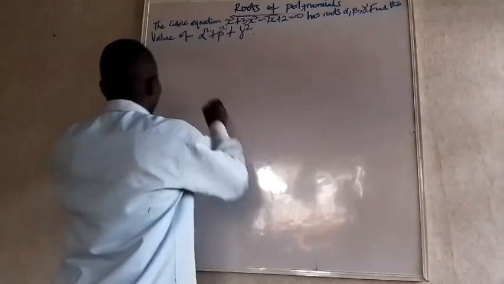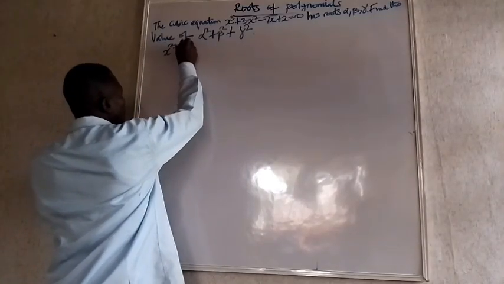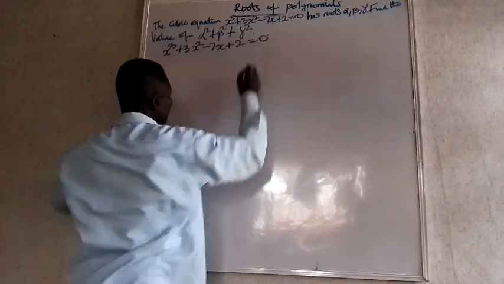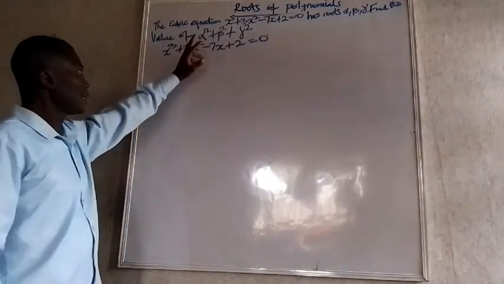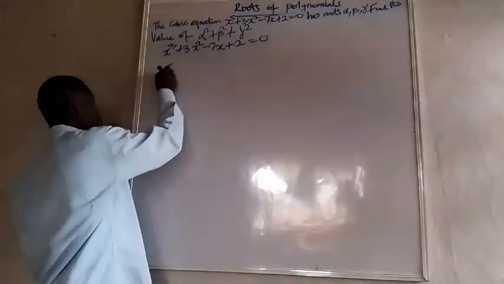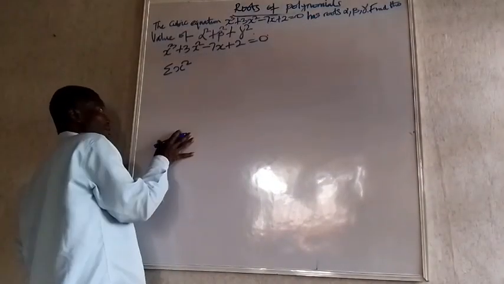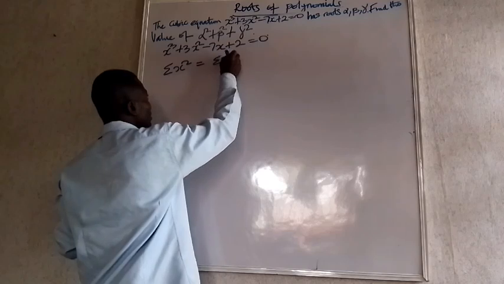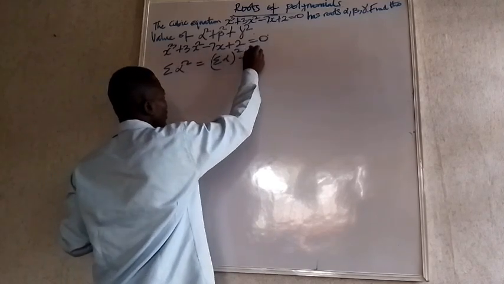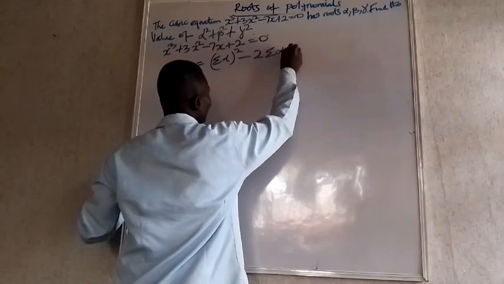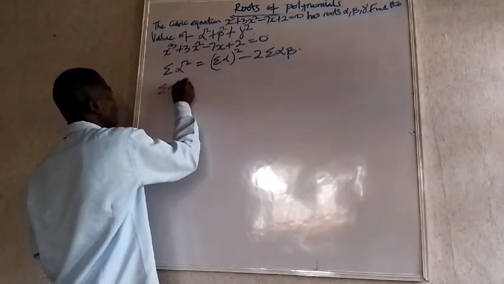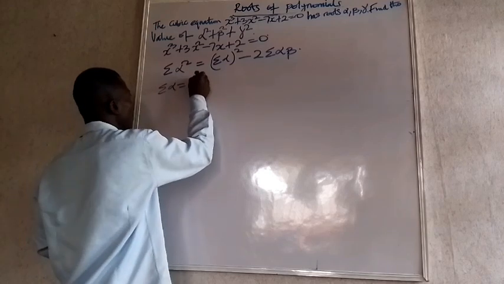Now we have x cubed plus 3x squared minus 7x plus 2 equals 0. And we have to find the summation of x squared, that is alpha squared plus beta squared plus gamma squared. We know the formula: summation alpha squared is summation alpha all squared minus 2 summation alpha beta. Summation alpha here is equal to minus 3 over 1.